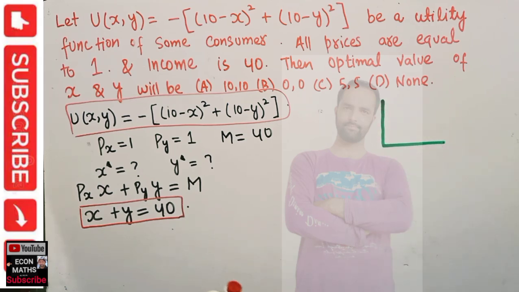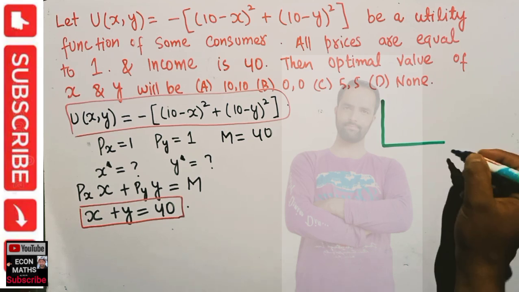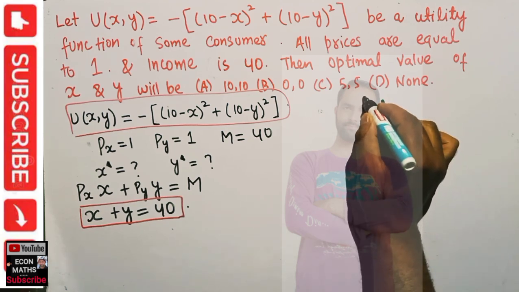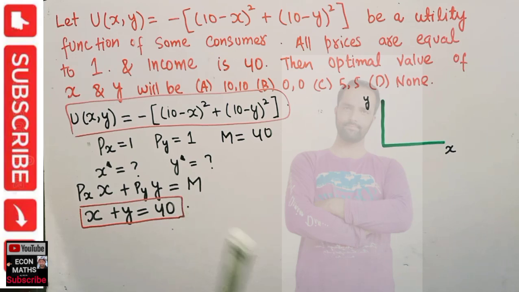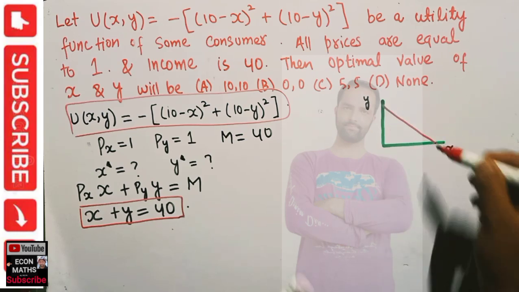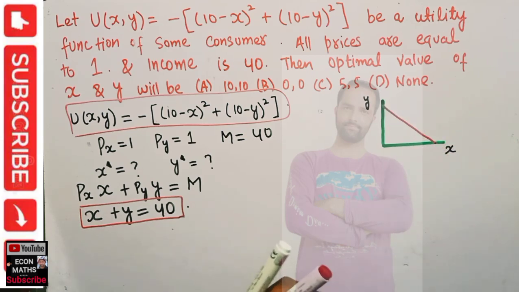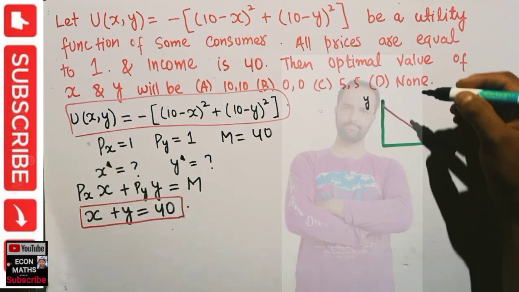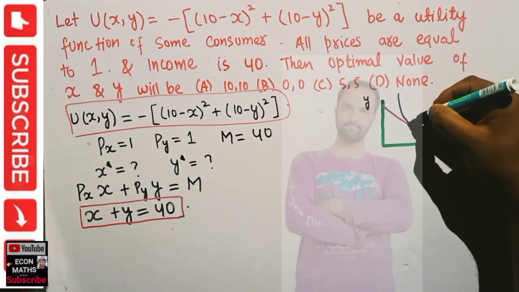If we have units of x on this axis, units of y on this axis, and let us say this is the budget line of the consumer, our indifference curve will look like this.